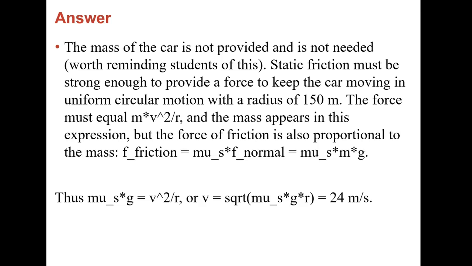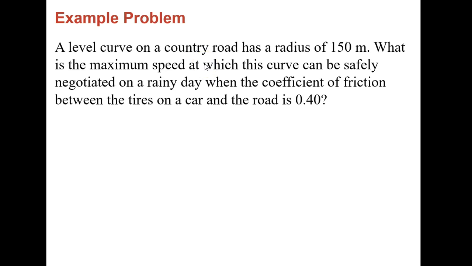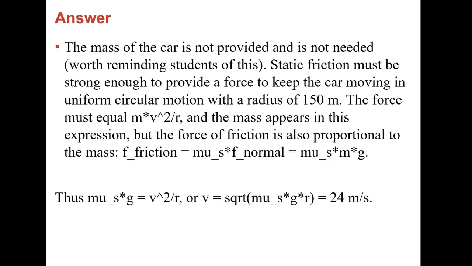So we don't really need the mass when we're trying to find the speed, because the force of friction is mu static times the normal force, which is mu times m times g.